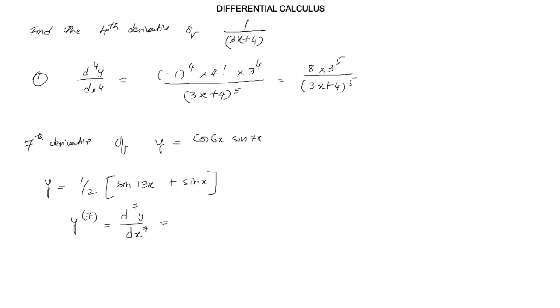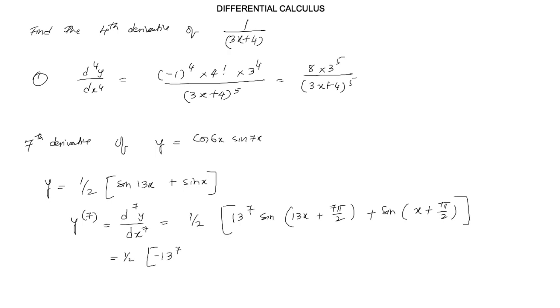Now the seventh derivative, d power 7 y by dx power 7, would be 1 by 2 times 13 power 7 sine of 13x plus 7 pi by 2, plus sine of x plus 7 pi by 2.